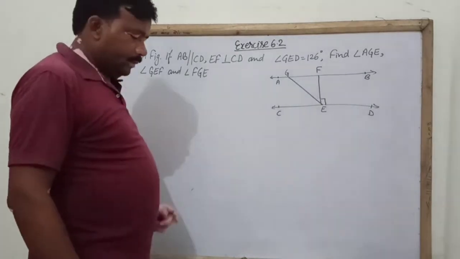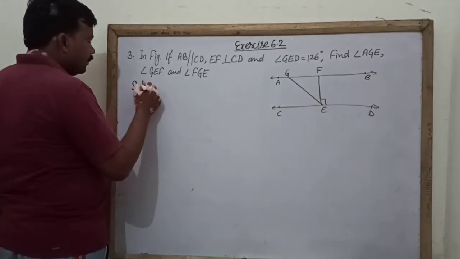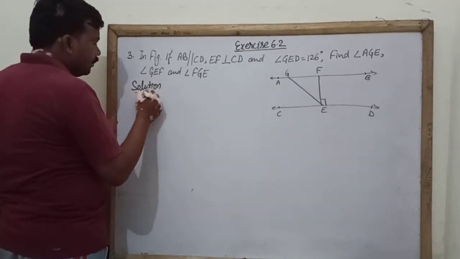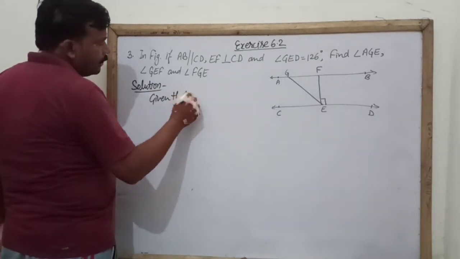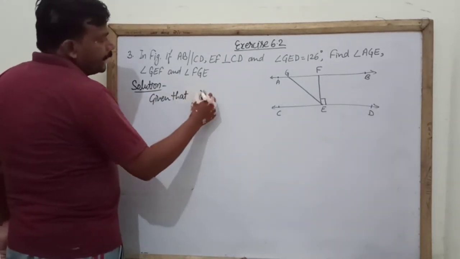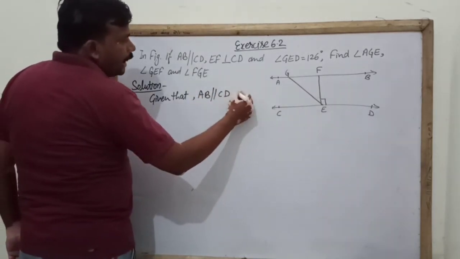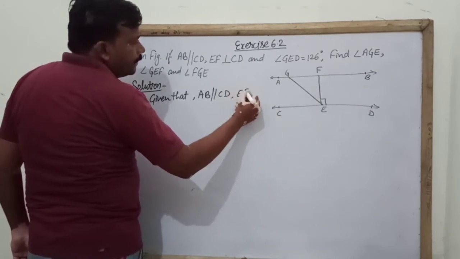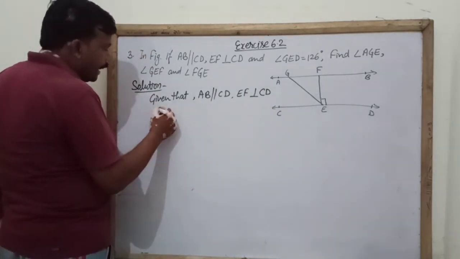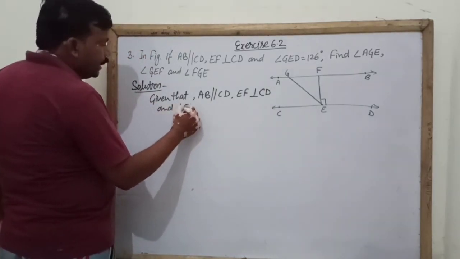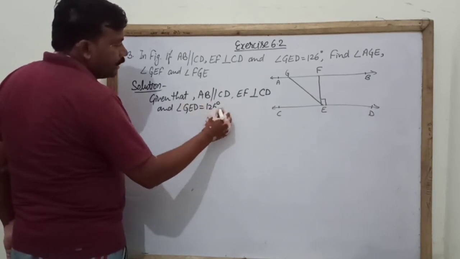How can you find it? So now we move to the solution. What is given? That AB is parallel to CD, line segment EF is perpendicular to CD, and angle GED equals 126 degrees.